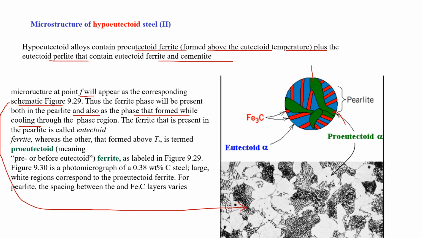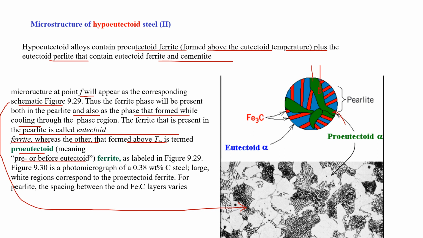The ferrite present in the pearlite is called eutectoid ferrite, whereas the other that formed above TE is termed proeutectoid, meaning pre or before eutectoid in Greek. The austenite boundaries were shrinking and the larger proeutectoid was forming before the temperature TE. That's why we call it proeutectoid.